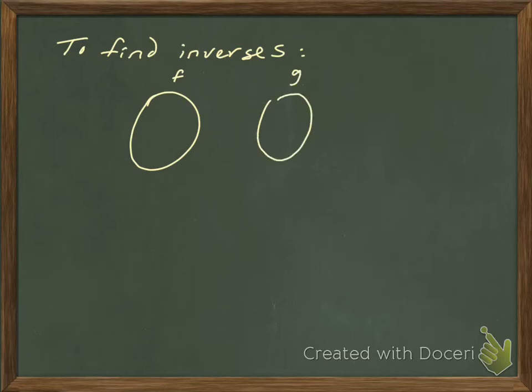If I have a point a, then f sends a to point B. If g is in fact the inverse, then it's going to take B and send it back to A. So f and g are inverses if they undo each other.